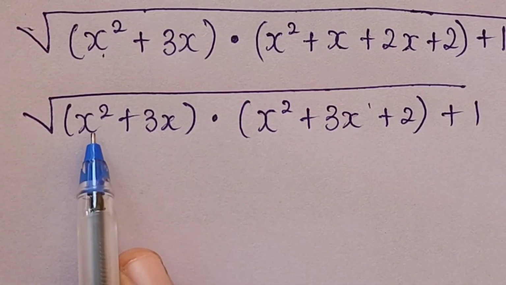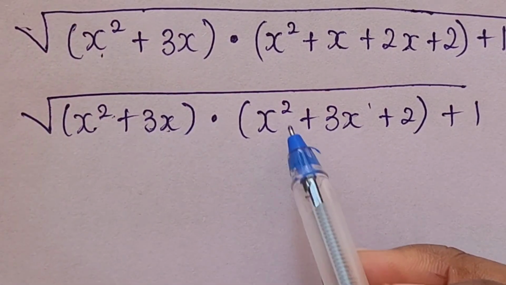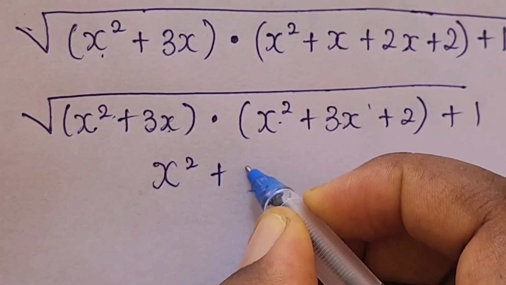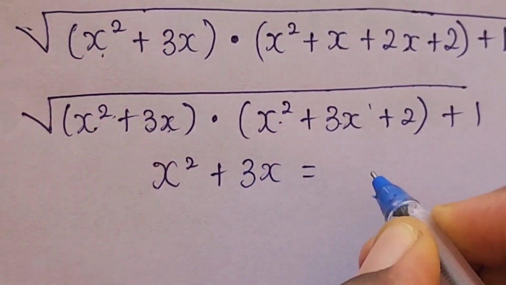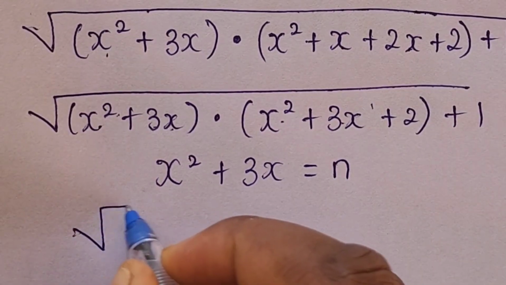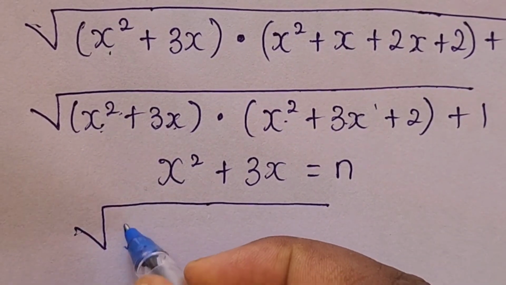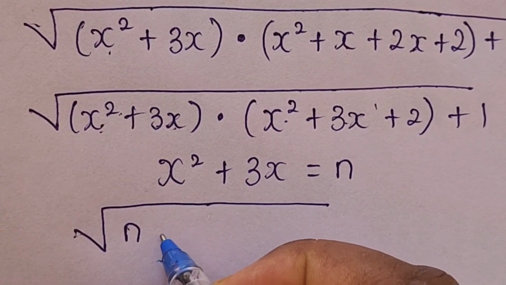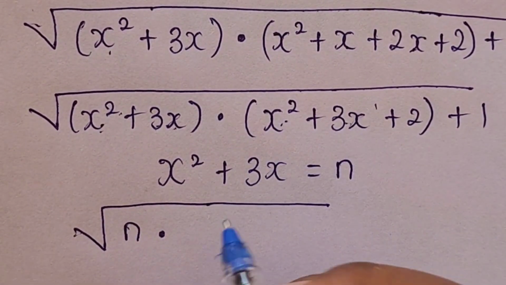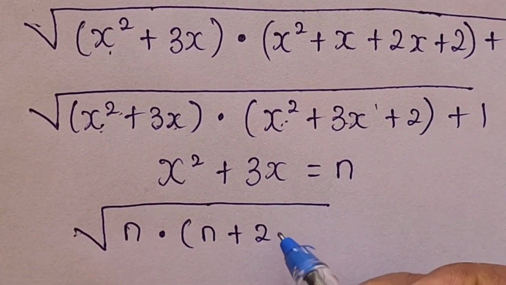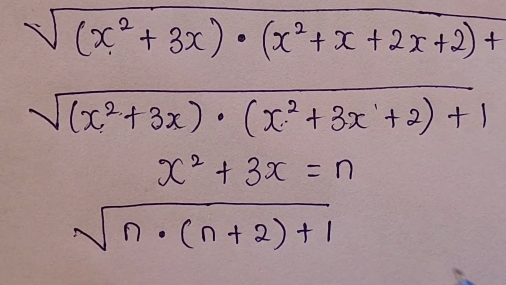Now when we look at this, we have x squared plus 3x and we have x squared plus 3x. So let x squared plus 3x be equal to n. So we have n times n plus 2, and we have plus 1.